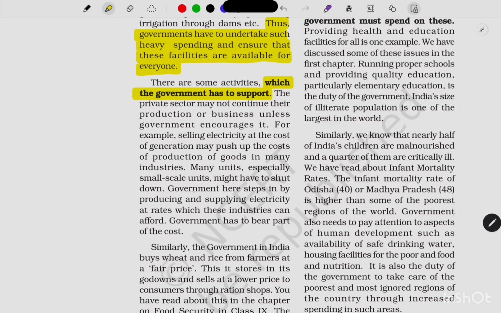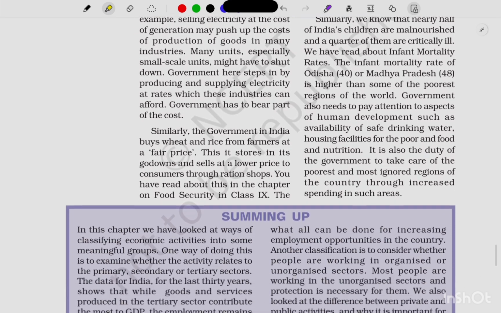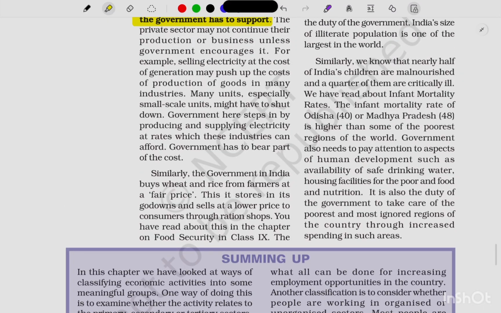So, many units, especially small scale units, might have to shut down. The government here steps in by producing and supplying electricity at rates which these industries can afford. Government has to bear part of the cost, which it is collecting from an endless cycle of taxes.